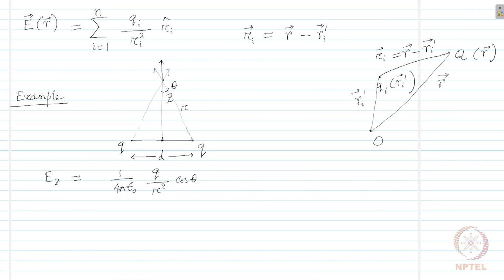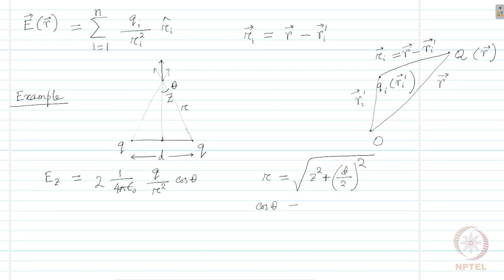And if we consider both the charges, we will have to multiply it by 2, and r will be given as the square root of z squared plus d over 2 squared.